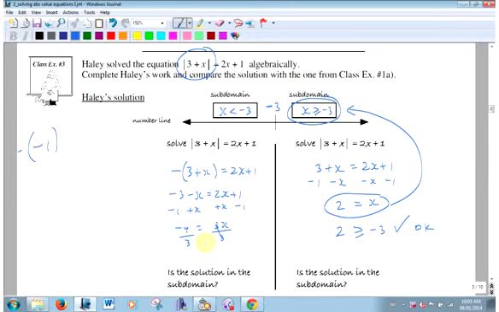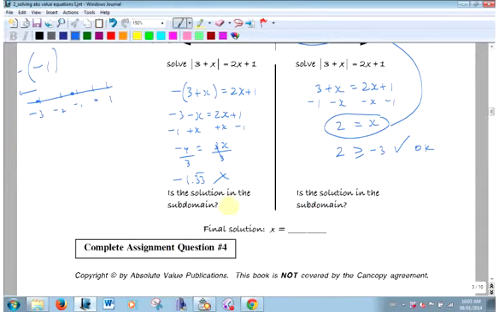Is negative 4/3 less than minus 3? That is like 1.33 repeating, right? That's not less than minus 3, is it? And if we're really terrible at this, you would do a number line. That's about here, but I need all values less than this. That doesn't work. So I have to reject that. So my only solution, is it in the subdomain? No. This one was. That's the only solution.